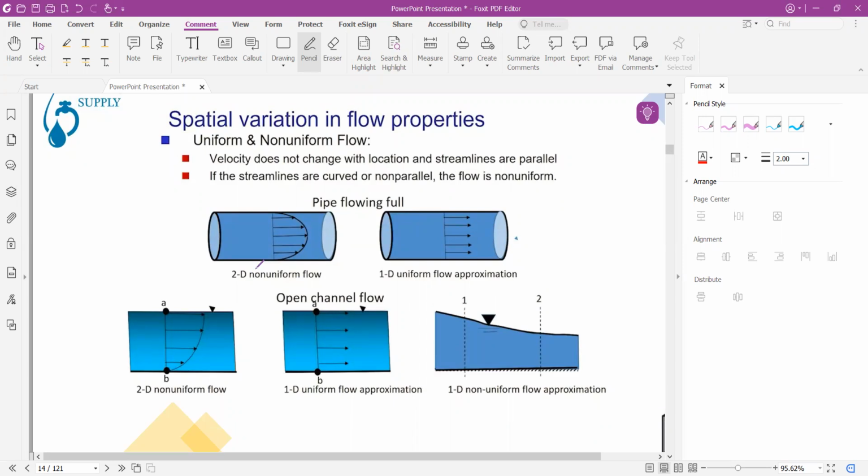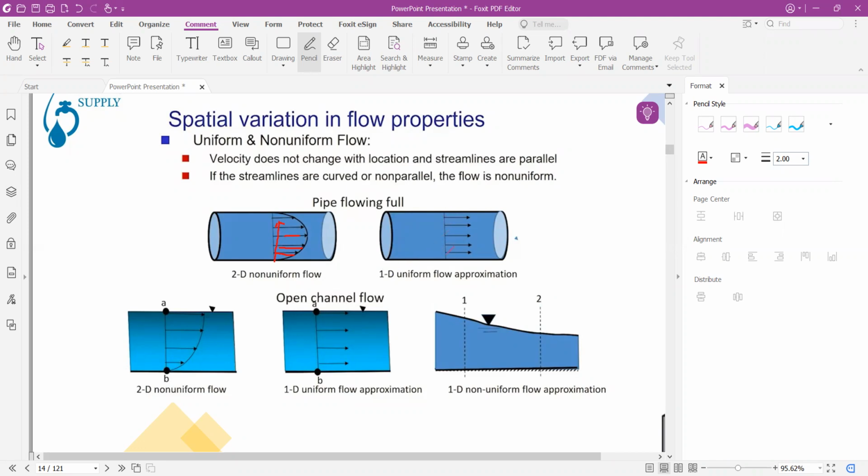Mainly in the case of honey, when it flows, the velocity changes in the x direction as well as in the y direction. This type of flow is called 2D flow. When the flow is only changing in the vertical direction, and is the same in the horizontal direction, it is called 1D flow.